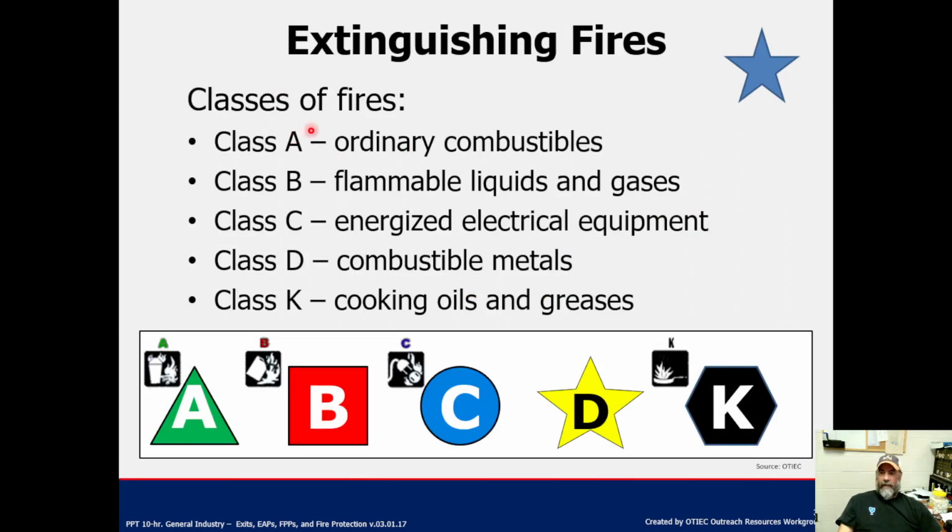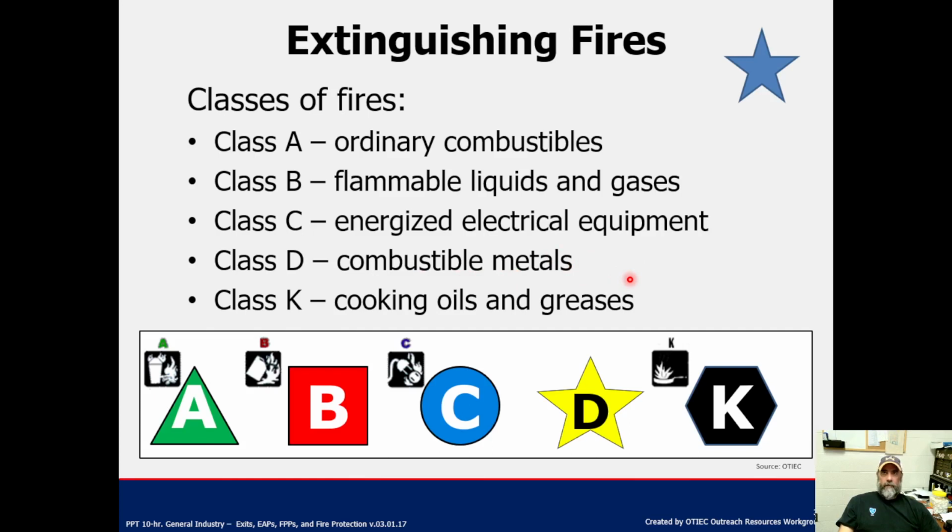Another bullet point there: 5 different classes of fires. We're going to discuss the extinguishers applicable for these in the upcoming slides. But these are the 5 classes of fires: ordinary combustibles, flammable liquids, electrical equipment, combustible metals. Not a lot of people realize that there is some metal out there that actually is flammable.